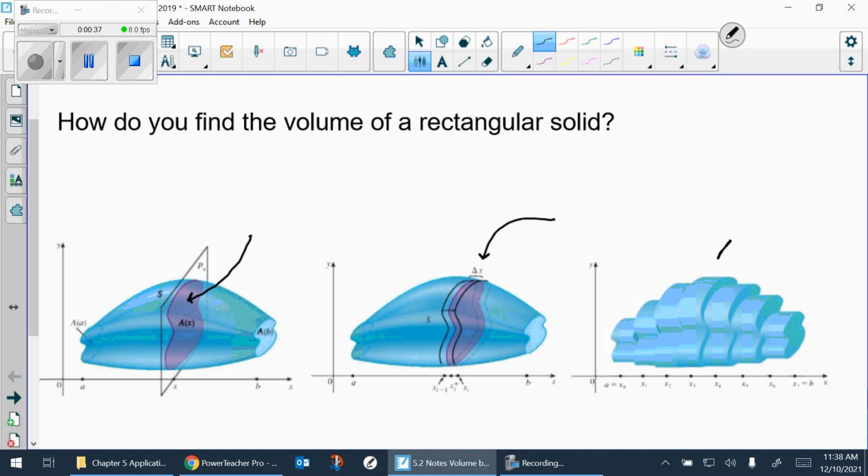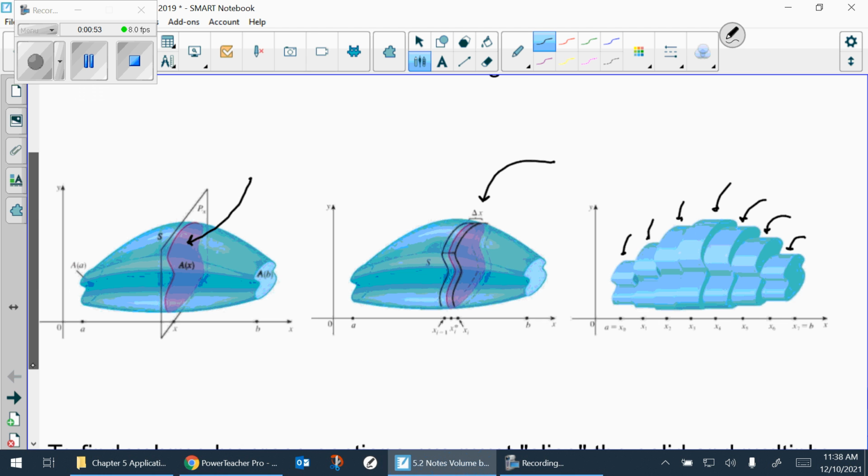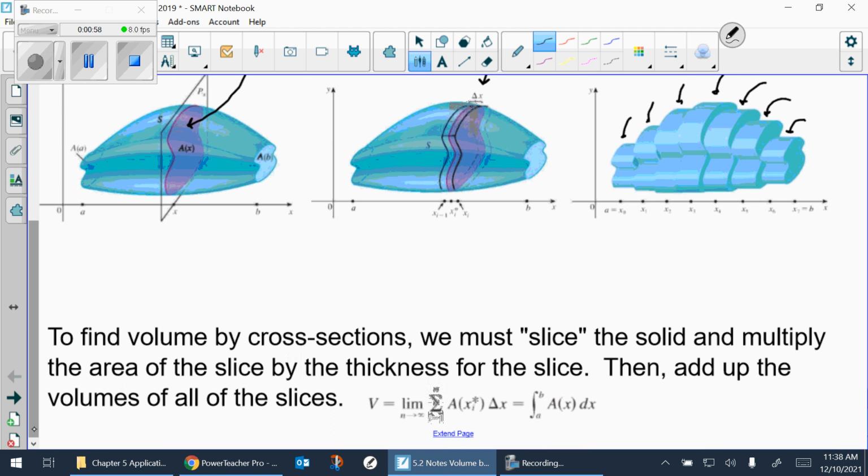And so we're going to have the volume of all kinds of slices. We're going to add the volume of each of these individual slices together. And we're going to have a more accurate feel for what the actual volume is if we make more and more and more slices. In fact, we'd like to make an infinite number of slices.